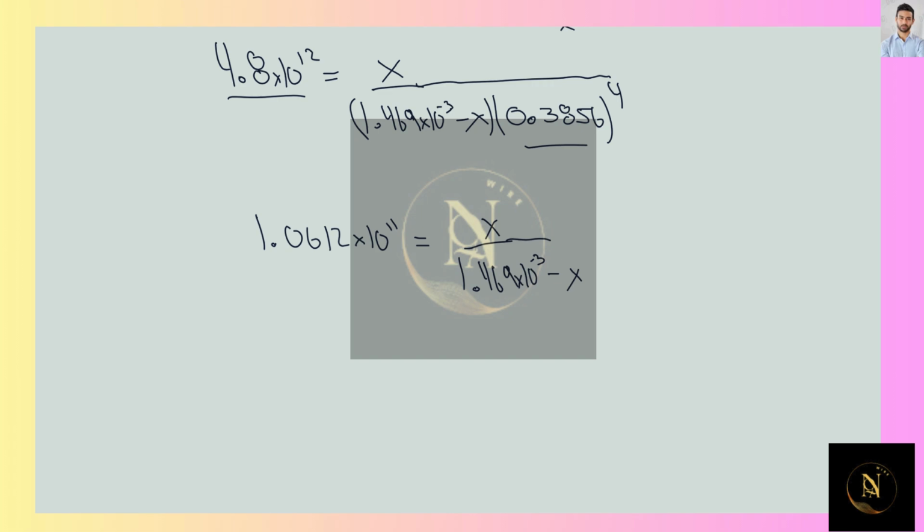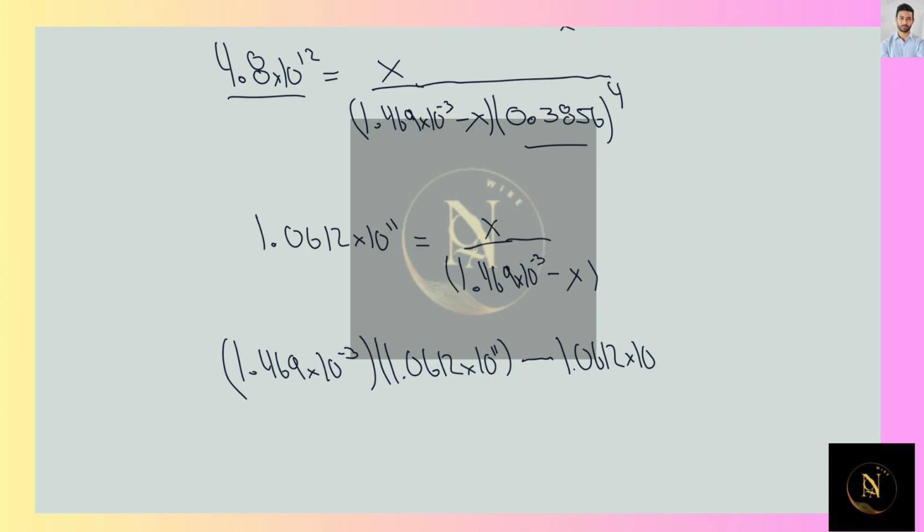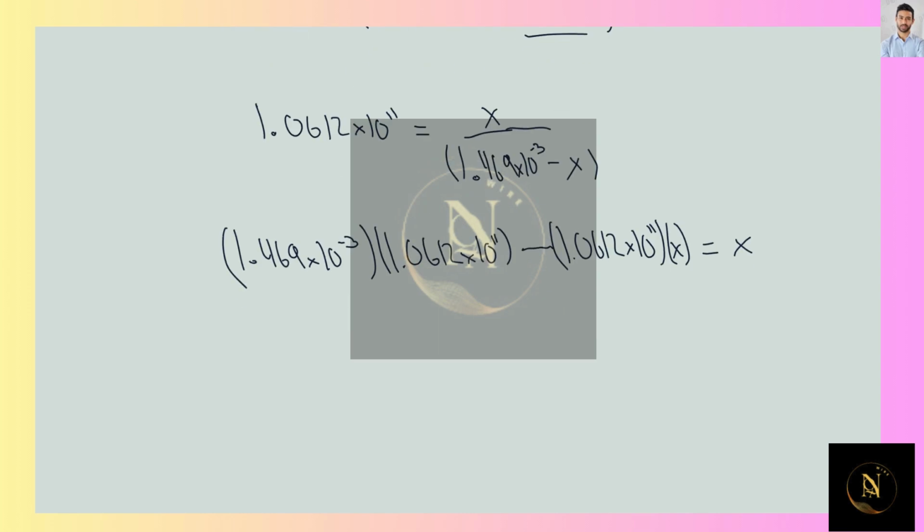For solving for x, we pass the denominator to the other side multiplying, so we have 1.469 times 10 to the minus 3 times 1.0612 times 10 to the 11 minus 1.0612 times 10 to the 11 times x, and this is going to be equal to x.